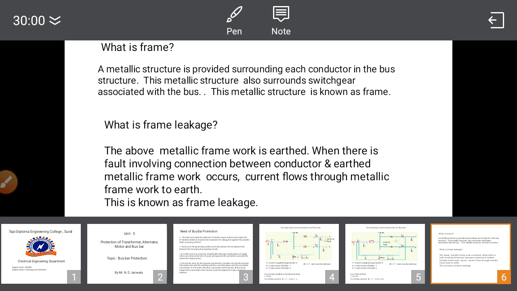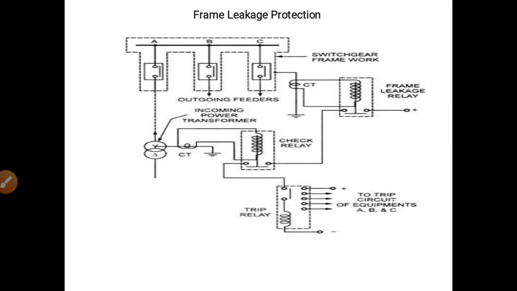Now to provide protection for such a type of fault, this protective scheme is adopted. As you can see in this diagram, one transformer is supplying the bus bar through feeder A, and there are two outgoing feeders, feeder B and feeder C, which are supplying the load.